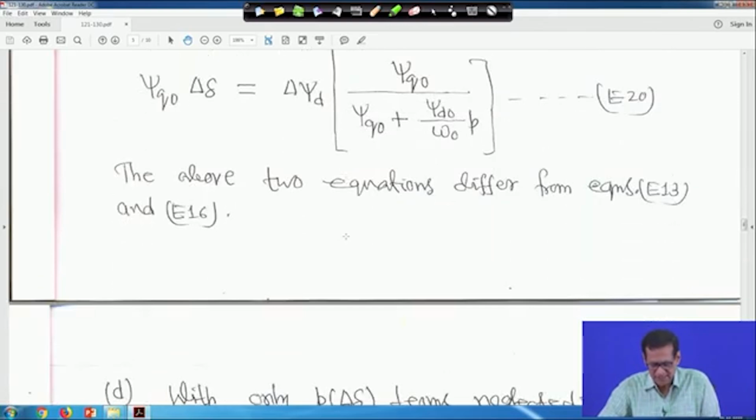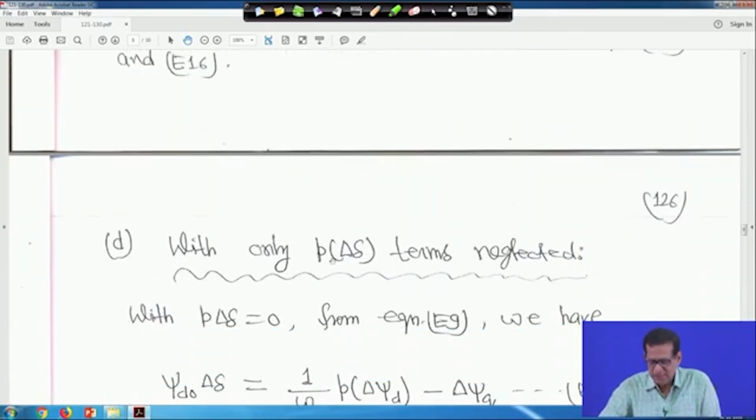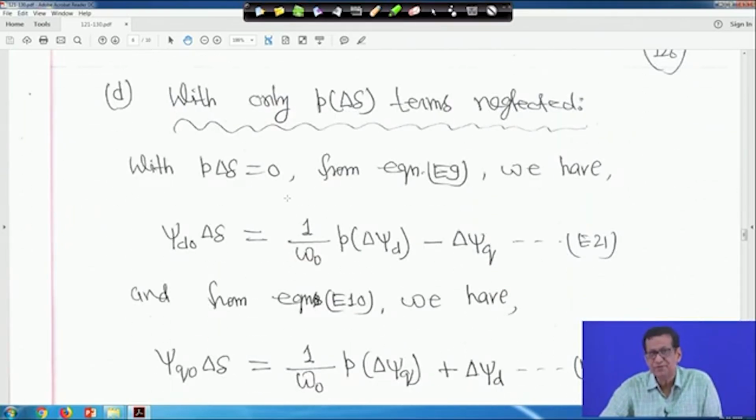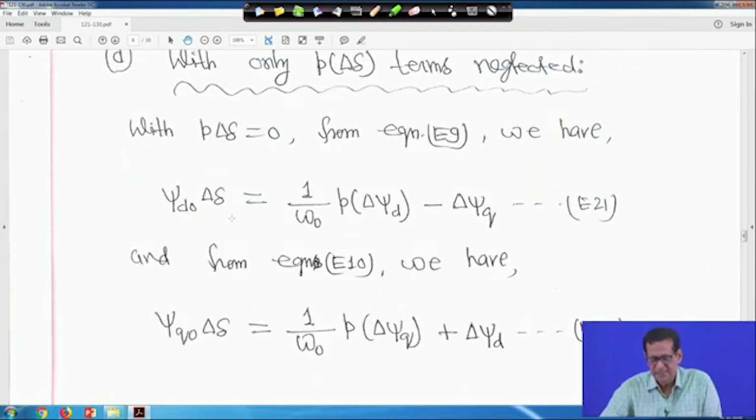So, next is with only the p delta delta terms neglected, right. With p delta delta 0, from equation E9 you will have psi d 0 delta delta is equal to 1 upon omega 0 p delta psi d minus delta psi q.